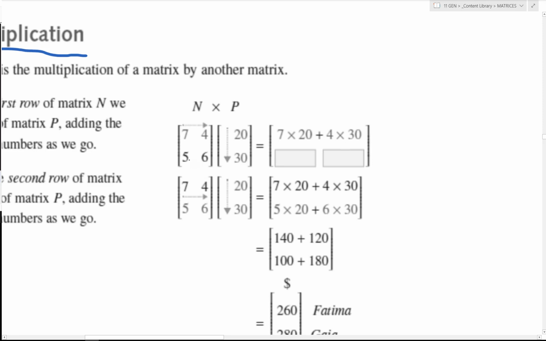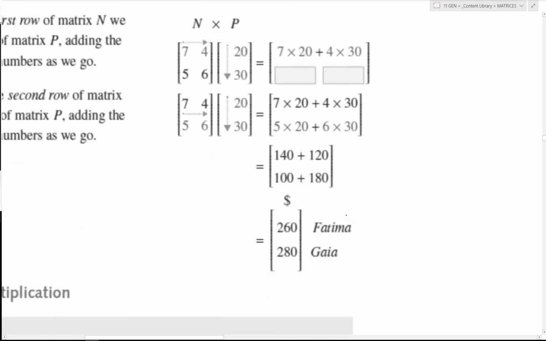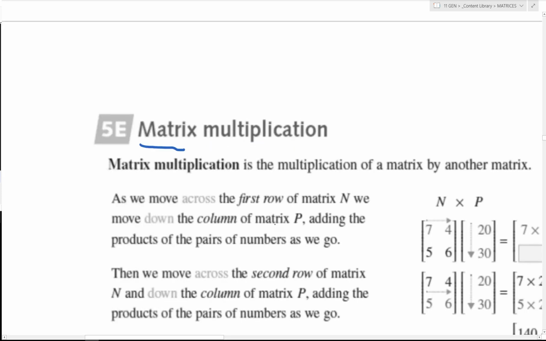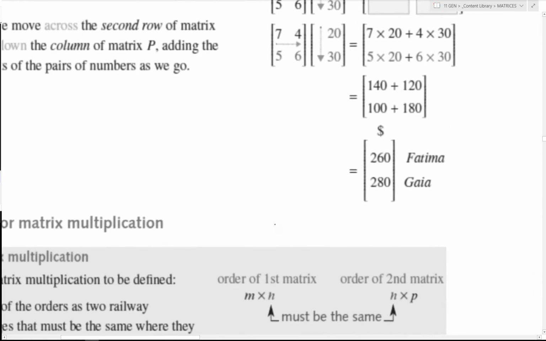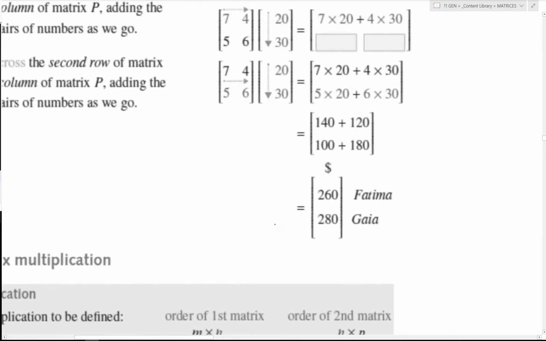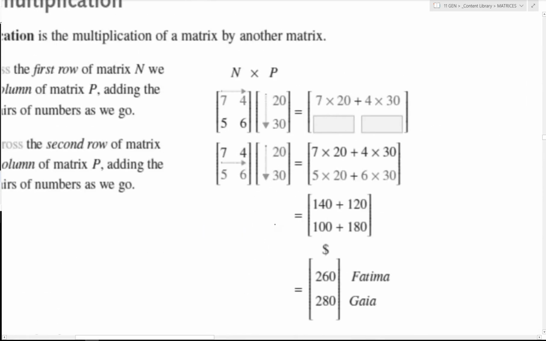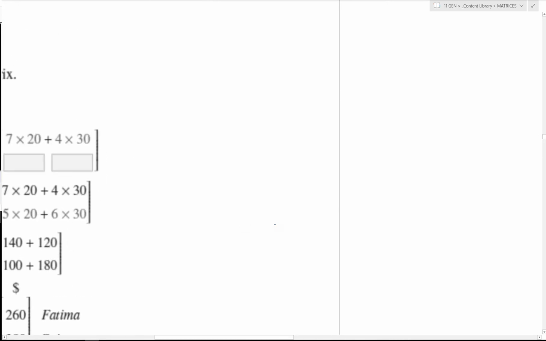It's the same process for the bottom row: 5 by 20 and 6 by 30. Once that's all evaluated, 7 by 20 plus 4 by 30, and the bottom one is 5 by 20 plus 6 by 30, you add them all up and we get 260 and 280. Now, let me explain this in another way, because this is probably not the greatest example.